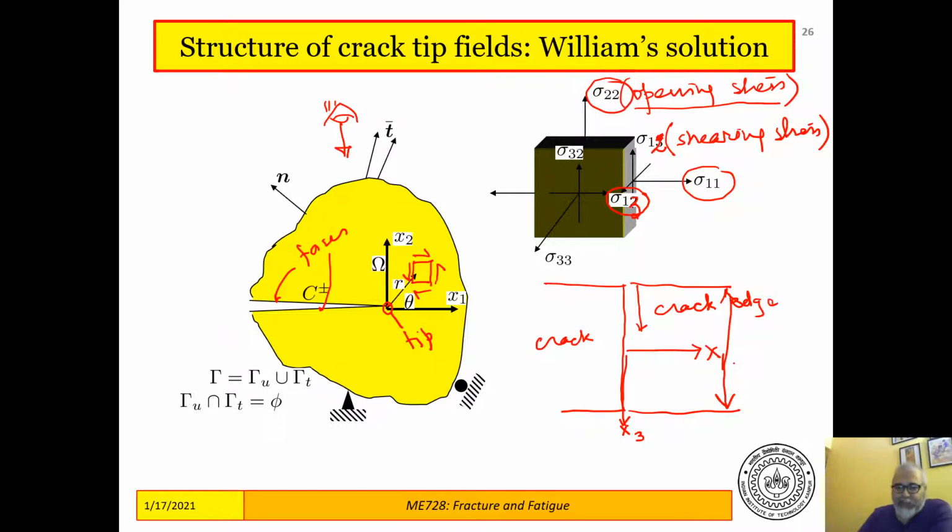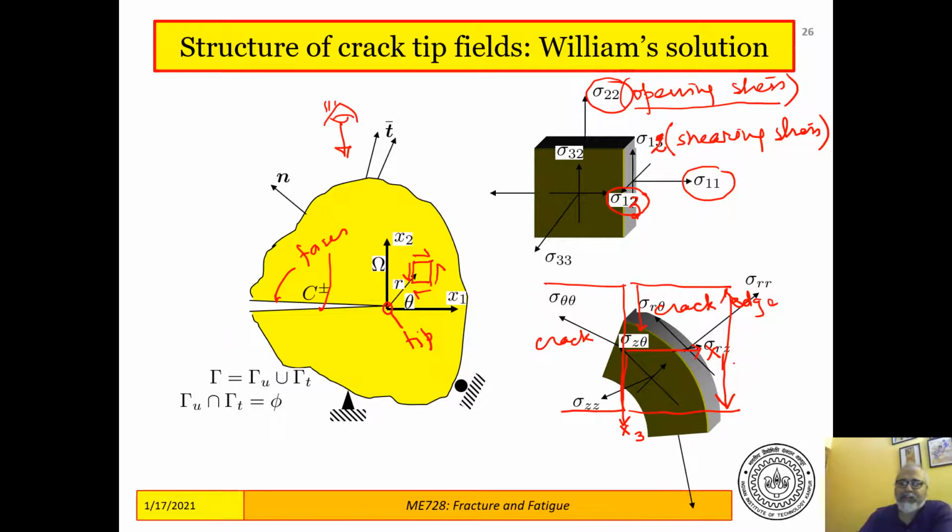This is one way of looking at it. The other way is, at the same point, I use the cylindrical polar coordinate system, in which case this is how my stresses would look like. I take an element like this. So this would be my sigma RR. This is my sigma theta theta. And this would be sigma R theta.